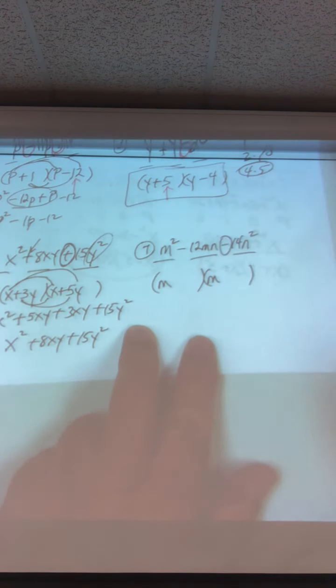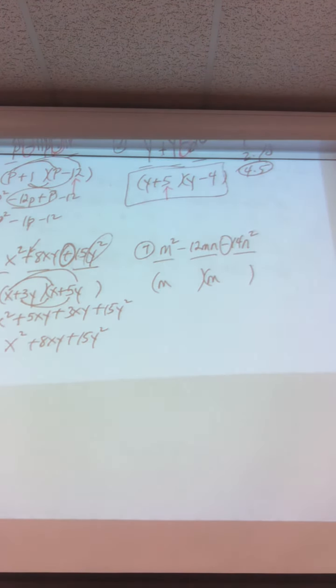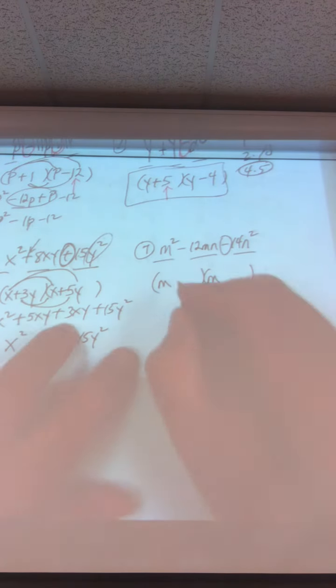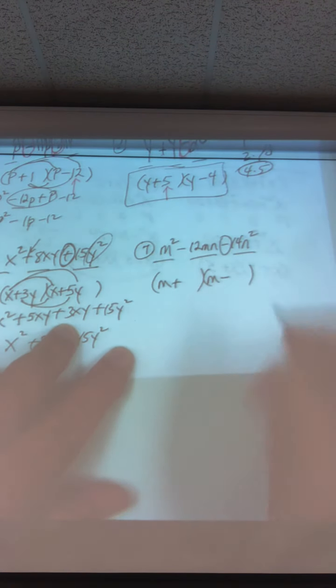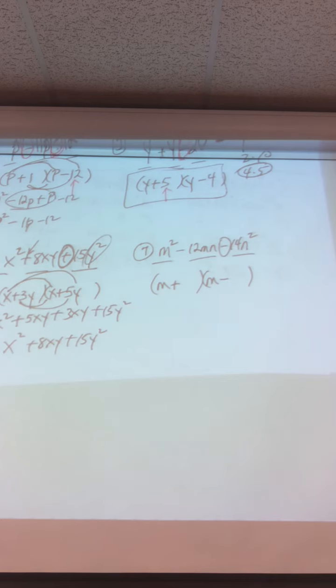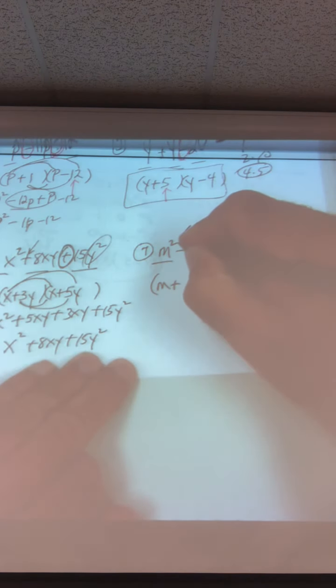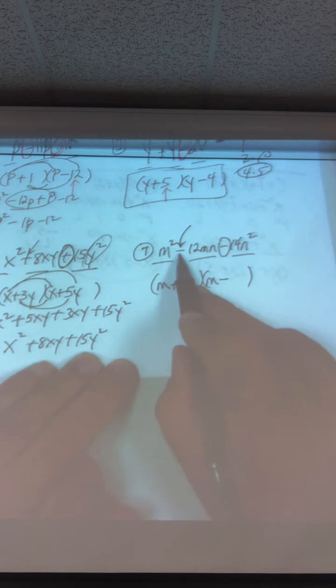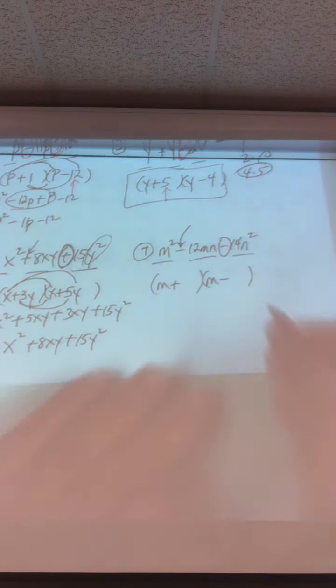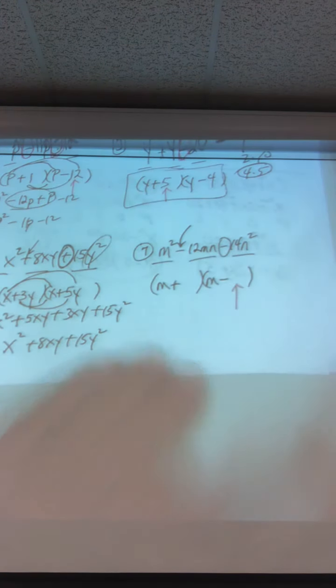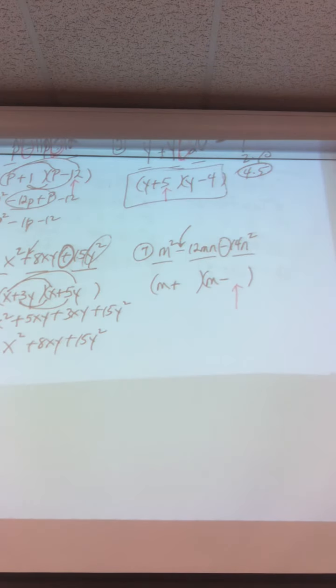All right, what does this tell me? It tells me the signs are different. That means one's a plus and one's a minus. Now, what does this tell me? It tells me the biggest one will be negative. So my biggest number is going to go right there.